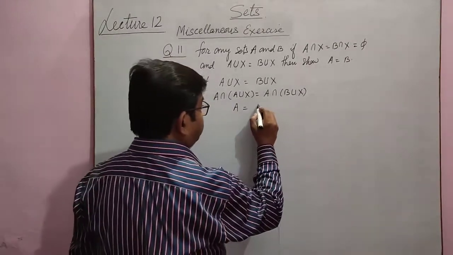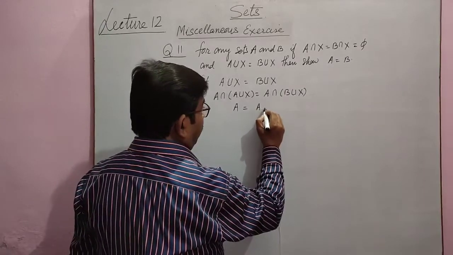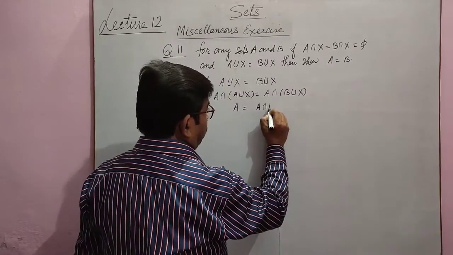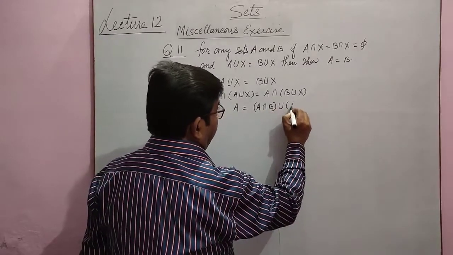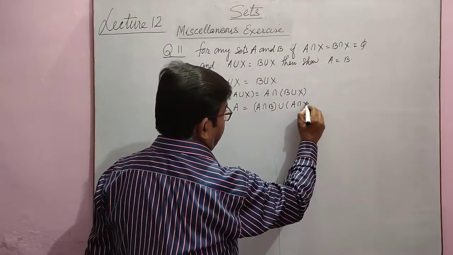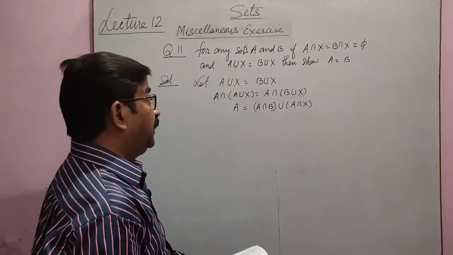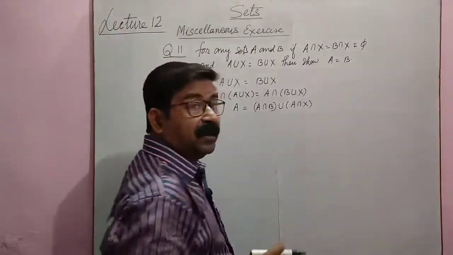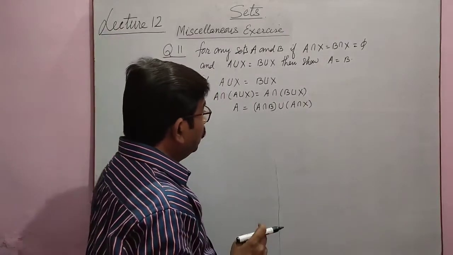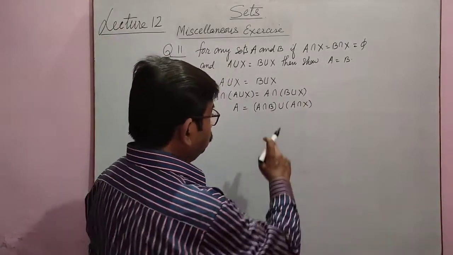So we have A intersection B union A intersection X.